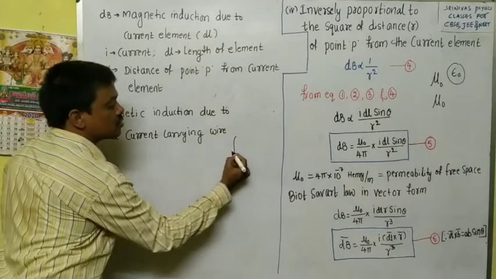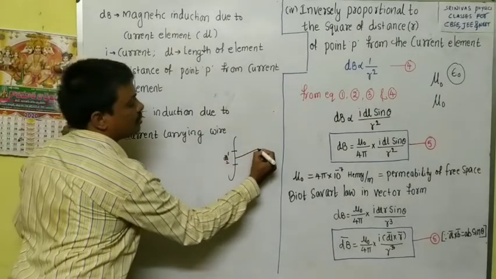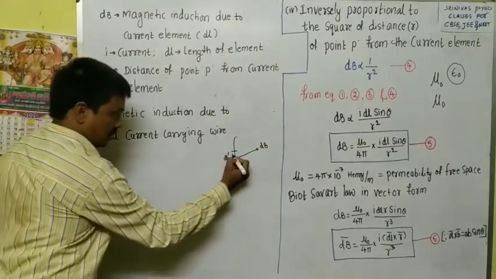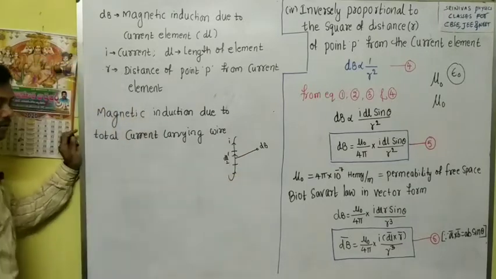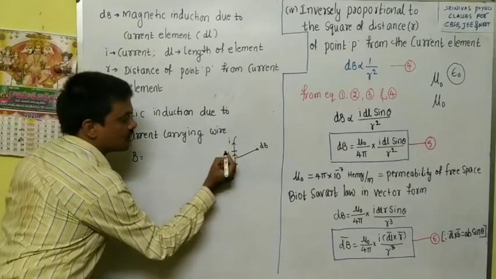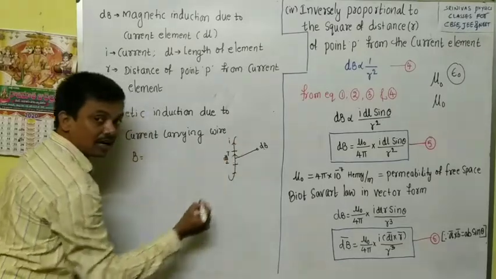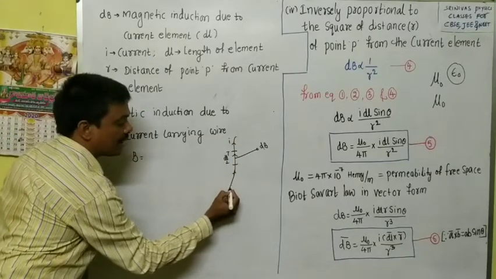Already we know the current and, due to a small element dl, the magnetic induction dB, but I want the magnetic induction due to the total current carrying wire. Then how will you get that? The total magnetic induction is obtained like this: for the small element dB, the next small element dB, the next small element dB, like that for every element.